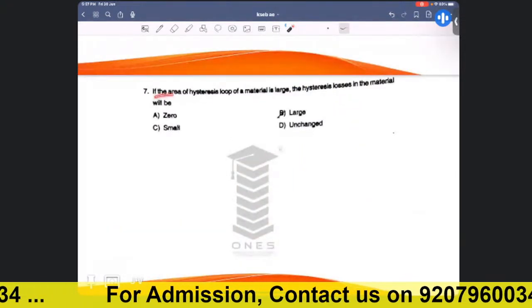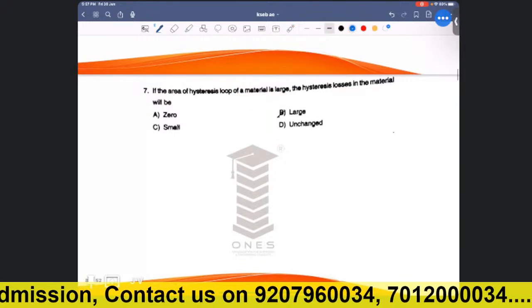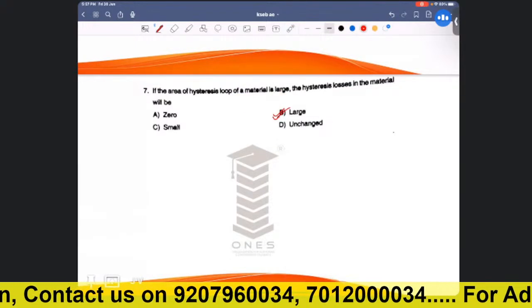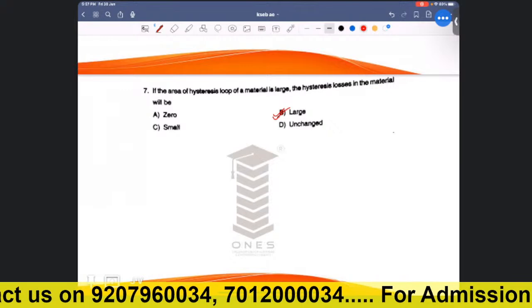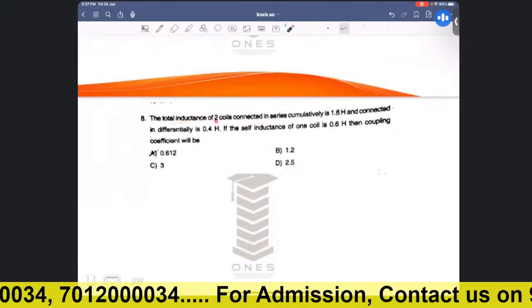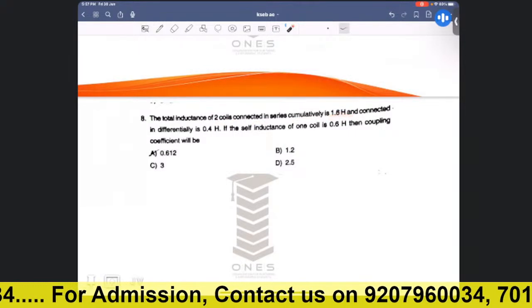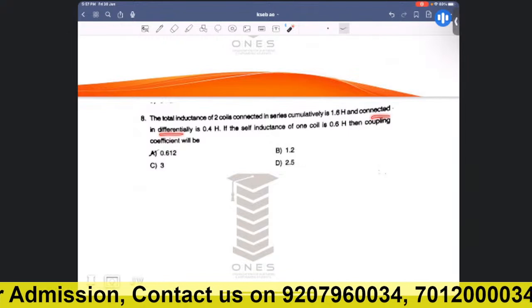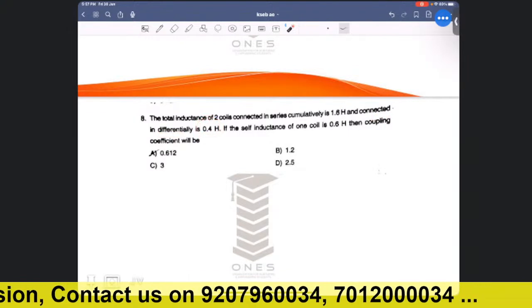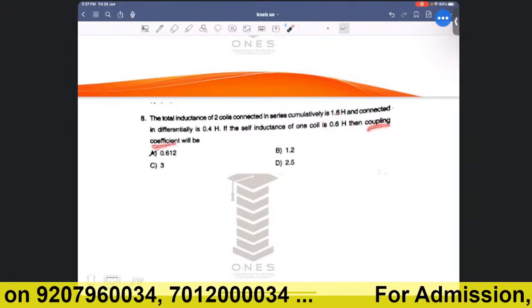Seventh question. If the area of the hysteresis loop is large, hysteresis losses will also be large. Eighth one. The total inductance of two coils connected in series cumulative is 1.6 Henry and connected in differential is 0.5 Henry. One inductance has the value 0.6 Henry.